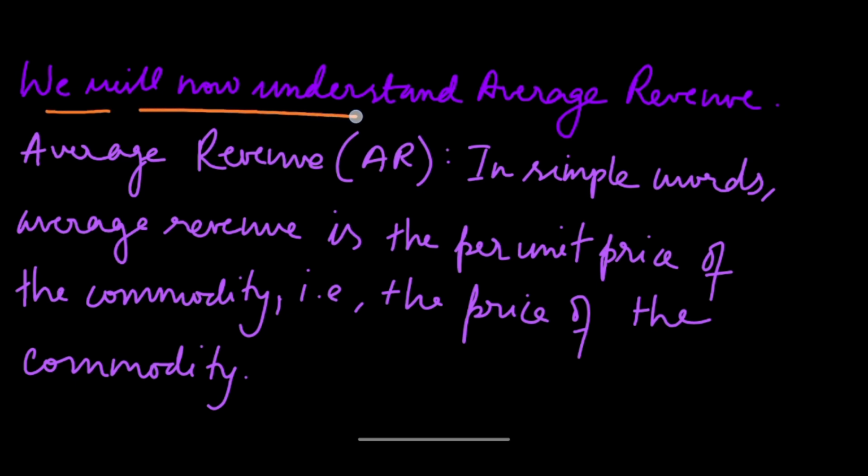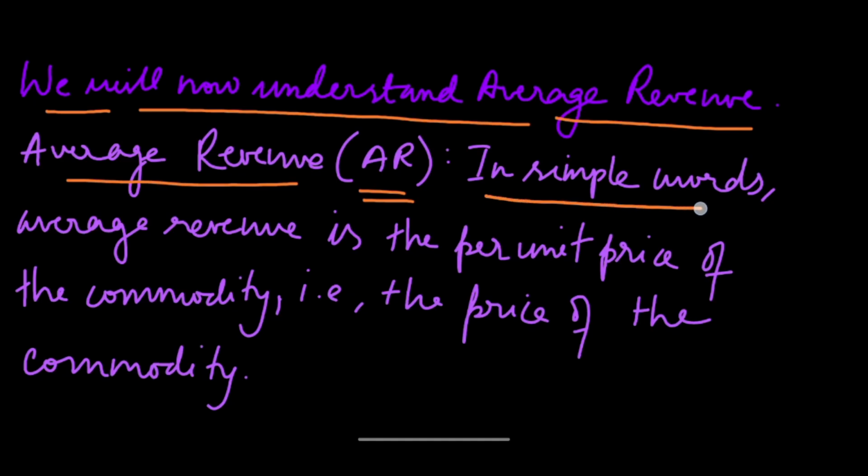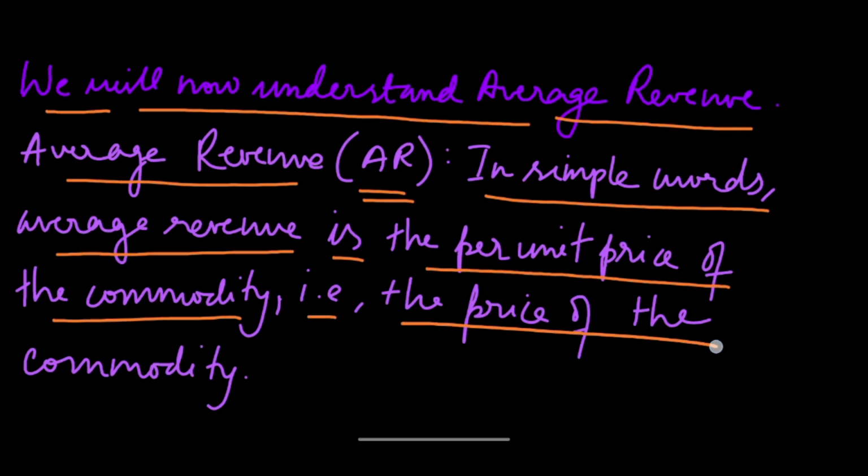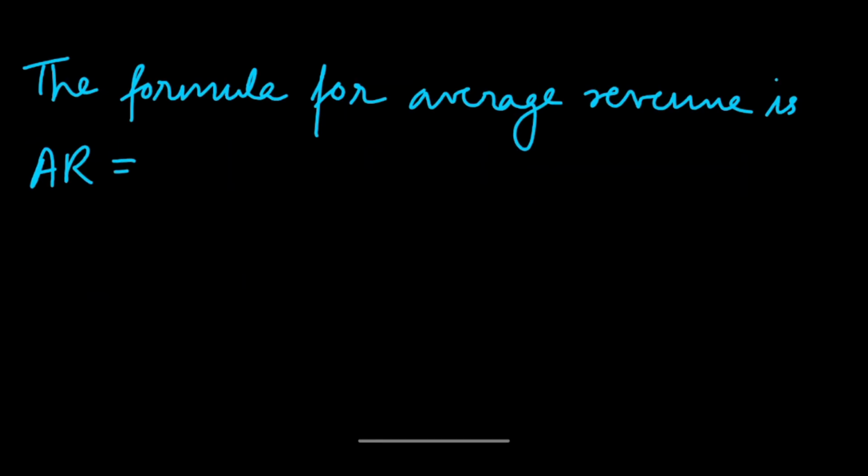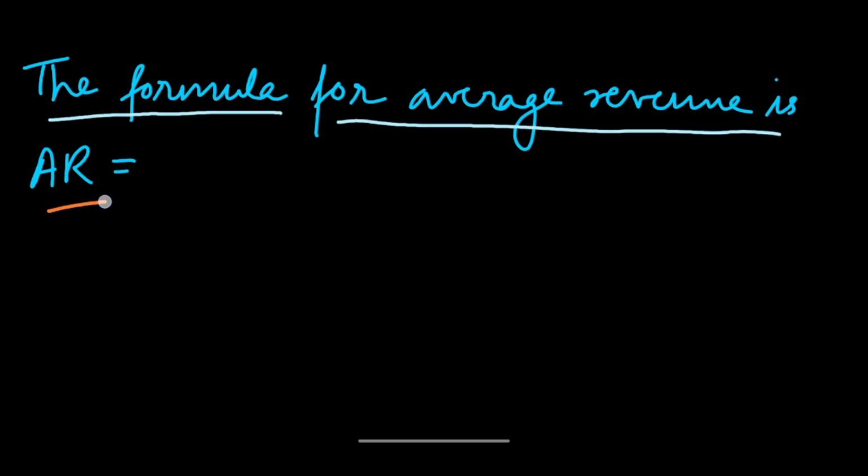We will now understand average revenue. Average revenue or AR, in simple words, is the per unit price of the commodity, that means the price of the product. The formula for average revenue is AR equals TR, or total revenue, divided by quantity.